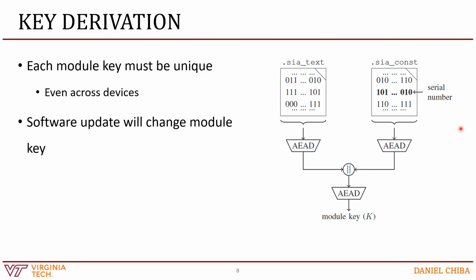To make sure that it's unique across devices, the software provider can embed a serial number. Obviously, the serial number itself needs to be unique for each device. The serial number is embedded within the const section. That ensures that the module key is unique for each module and for each device.